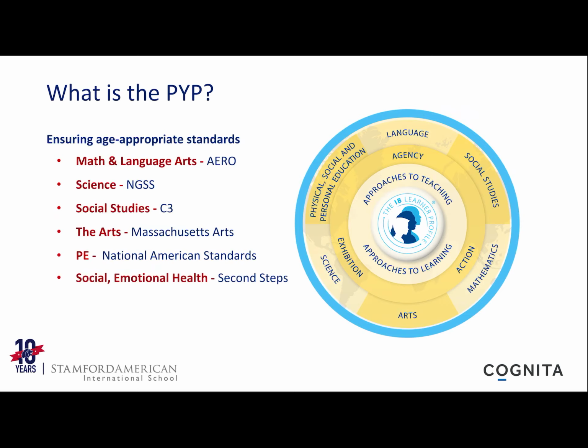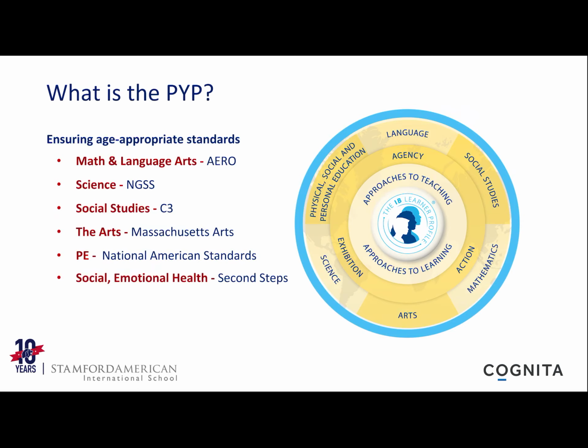The PYP actually identifies 7 subject areas, and these are the same 7 subject areas that we have in kindergarten 2 as well. So math and language, science, social studies, the arts, PE, and our social emotional health. We have the same standards that we have in kindergarten 2.